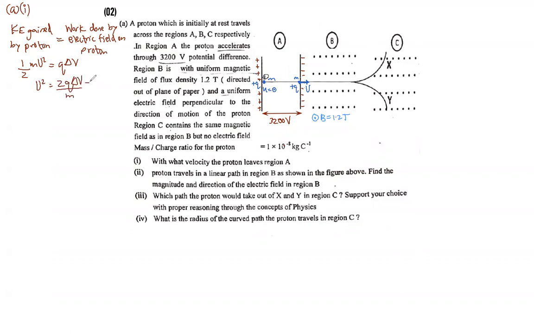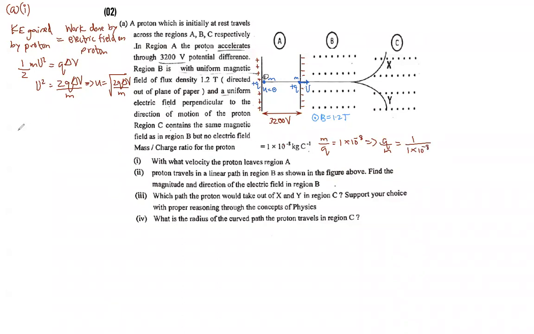Therefore u is equal to the square root of 2q delta V over m. The mass over charge ratio is given to us for proton. M over Q is 1 into 10 to the power minus 8. That means Q over M is 1 over 1 into 10 to the power minus 8.